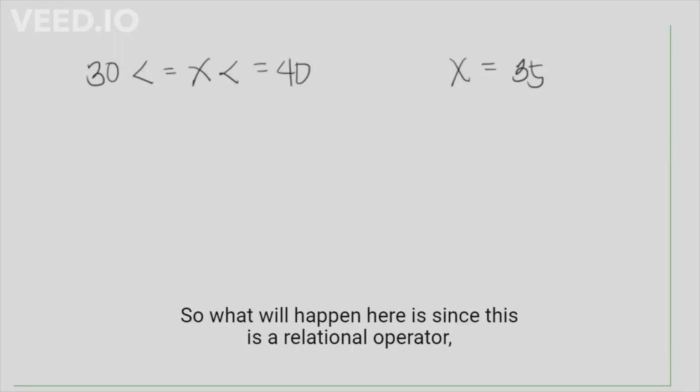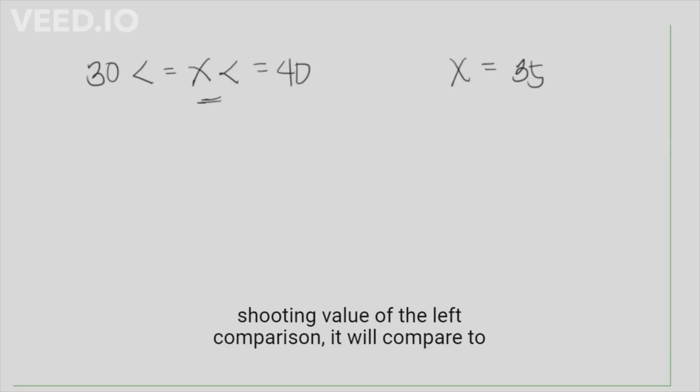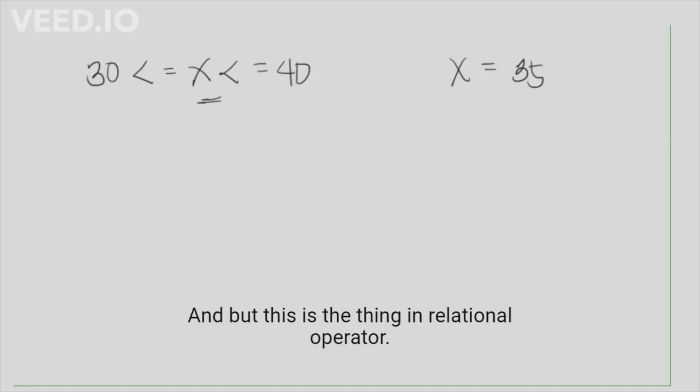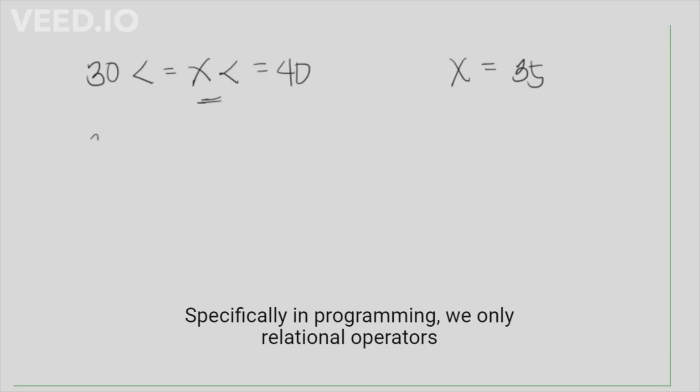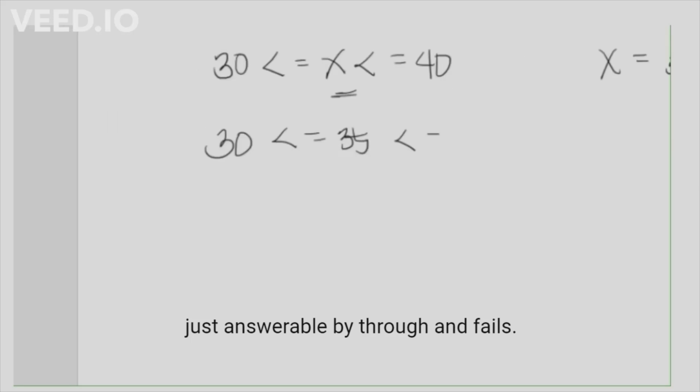So what will happen here is, since this is a relational operator, it will process the left first, and after getting the resulting value of the left comparison, it will compare it to the right operand. But this is the thing. In relational operators, specifically in programming, relational operators are just answerable by true and false.